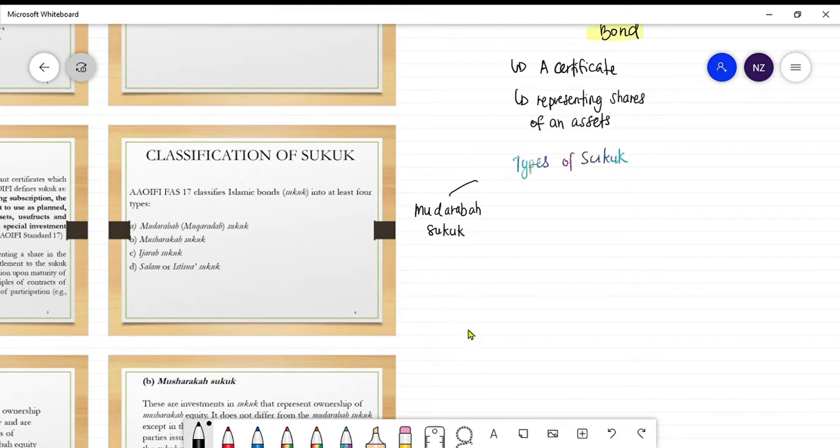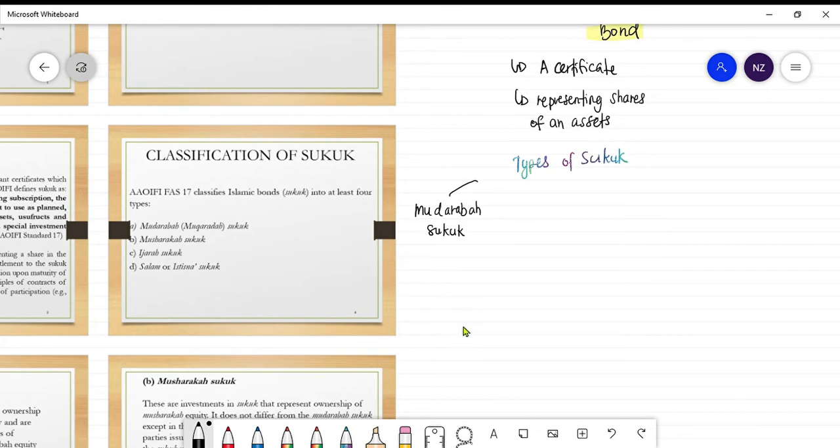We have gone through Sharia contracts many times, and you already know mudarabah and musyarakah are partnership based contracts, involving the mudarib and rabbul mal. Ijarah is a leasing based contract, and salam and istisna sukuk are related to forward sales, meaning the product isn't ready yet or not delivered yet, but we have to make an advance payment in order to acquire that asset.